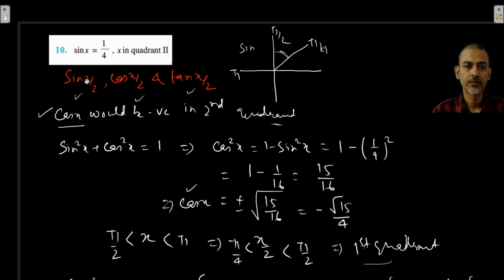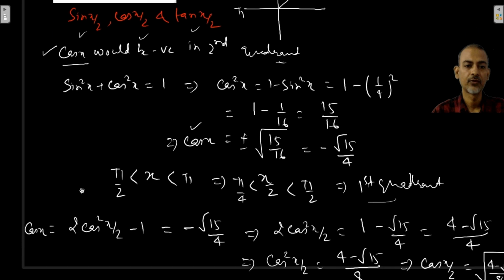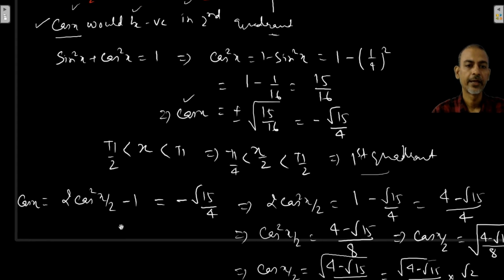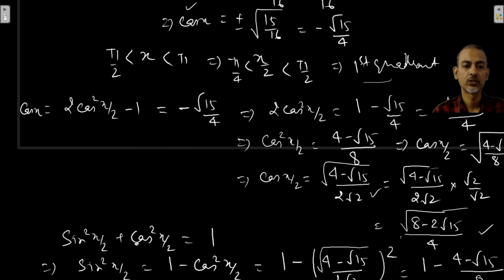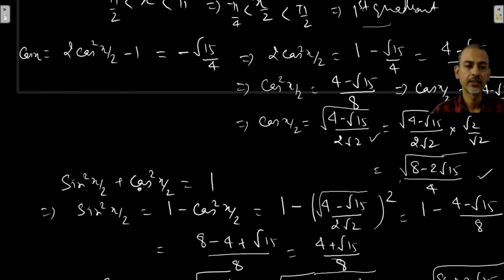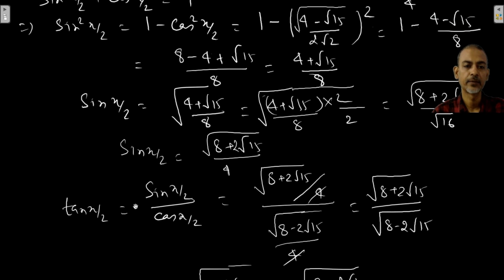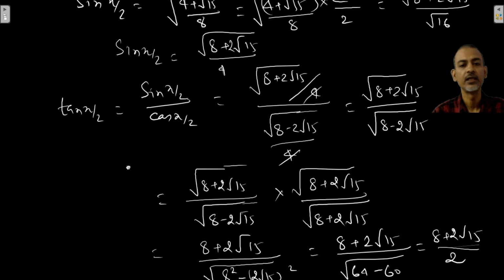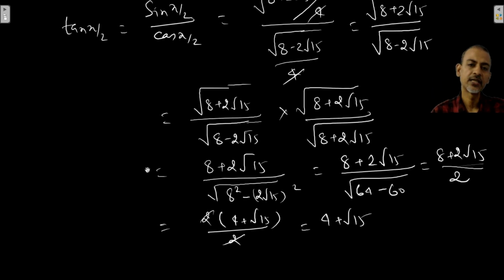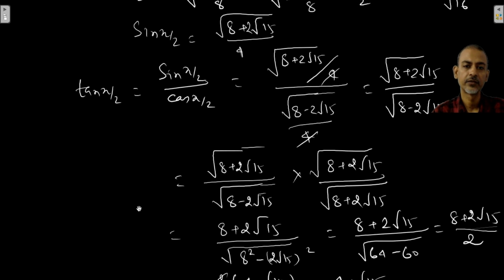Whenever you have been given something in sin x or tan x, convert it into cos x form, then get the value in the form of 2 cos square x by 2, get the value of cos x by 2, using the sin square x by 2 plus cos square x by 2 formula, get sin square x by 2 or sin x by 2, and then finally get tan x by 2 by dividing sin x by 2 by cos x by 2, and then you will be getting the answer. It is just that it will be a little complicated in calculation, but otherwise it's very simple to follow.